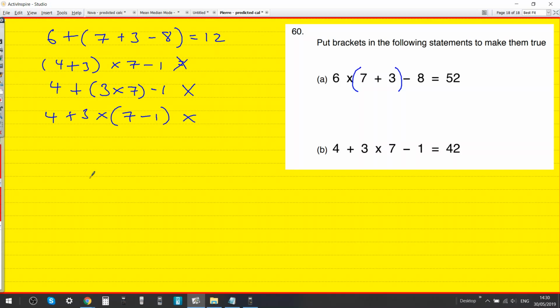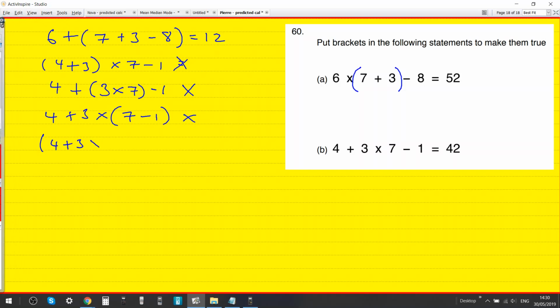Oh, right. Starting back from the start again. Okay, so brackets 4 plus 3 times 7, close brackets, plus 1. That didn't work. So I did brackets 4 plus 3 times 7 minus 1. With the 4, 3, and 7 in a bracket?